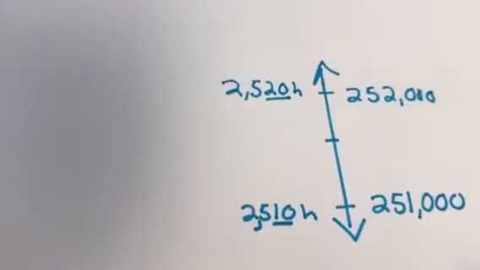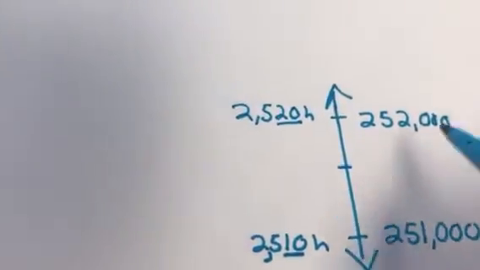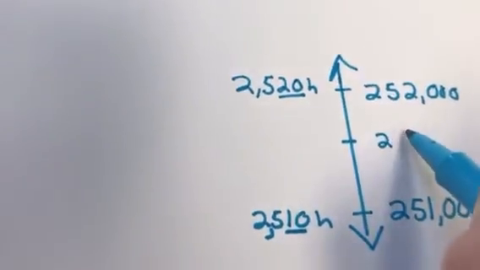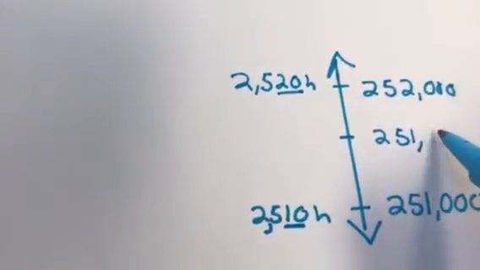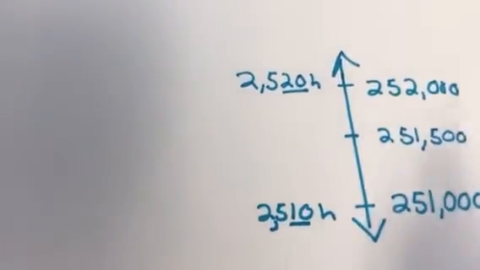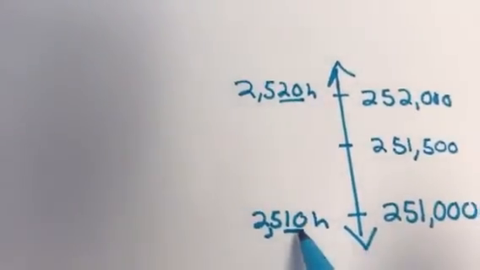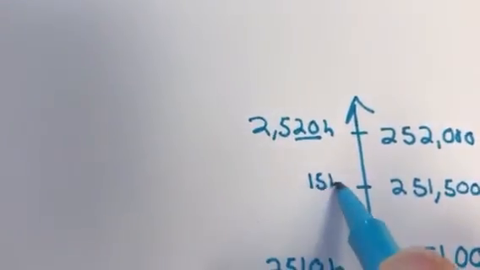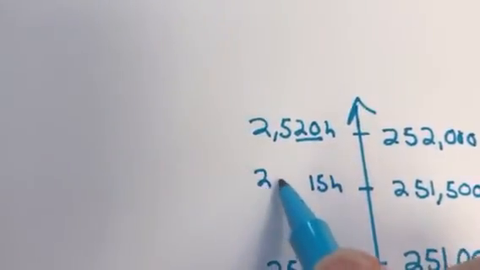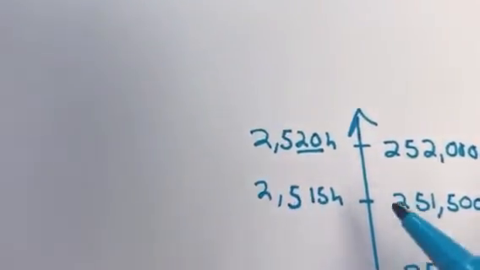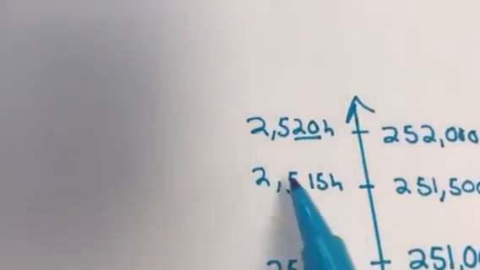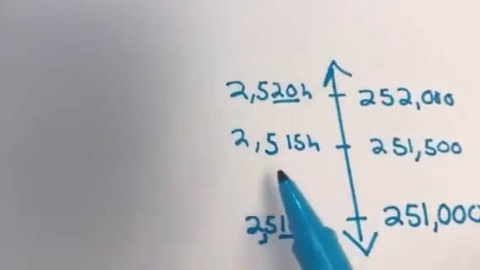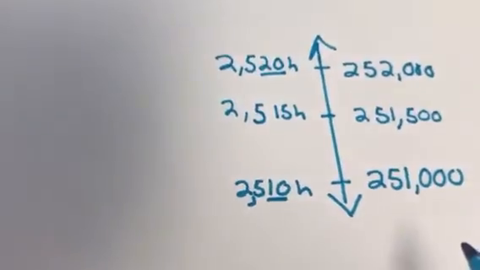Again, this step might not be needed for all students. Some students might be able to jump right to this midpoint and say this midpoint is going to be 251,500. Some of us may need to look at, well, I've got 10 hundreds and 20 hundreds. Well, I know that 15 hundreds is in between the two of those, and that my 251,000 and my 500 won't change. So now I have my midpoint set up.